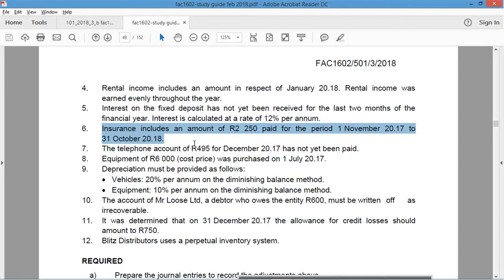Good. So then it's going to be prepaid expense, and then debit or credit the prepaid expense? Credit. What type of account is prepaid expense? An asset. Yes. Okay, so I was right when I put insurance there.